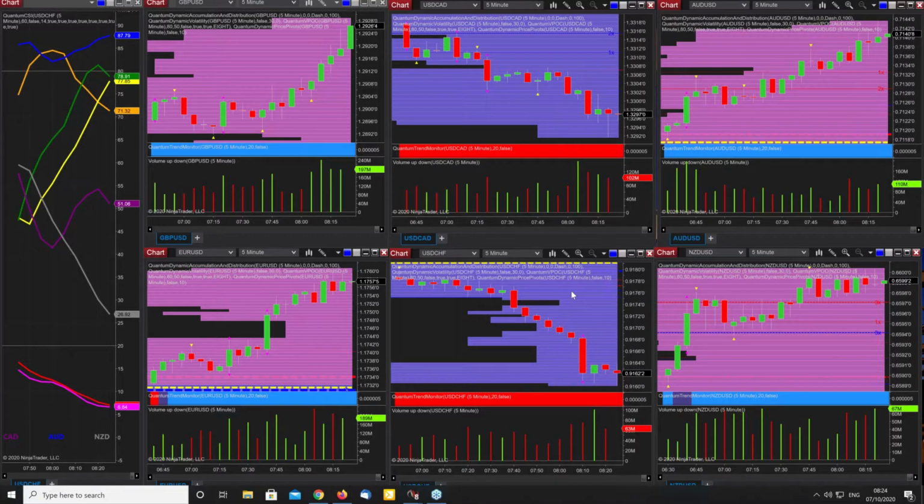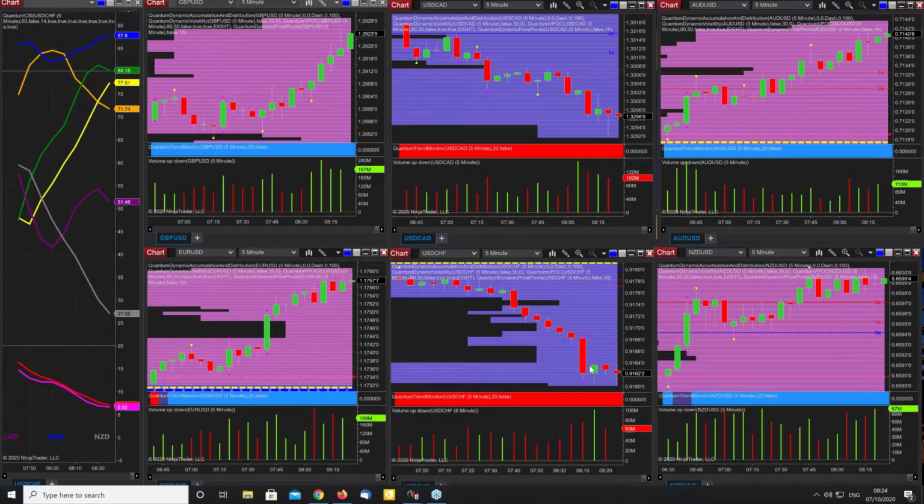But what this also gives you is another perspective, not only in terms of volume price analysis, but also in terms of other signals that may well influence the trade that you are in. So, for example, if you're long cable at the moment, what you're seeing down here on dollar Swiss may not necessarily influence the direction for cable, but it will certainly give you another piece of the jigsaw puzzle.